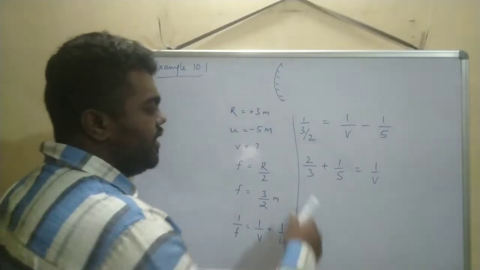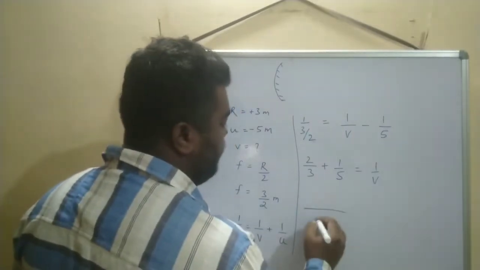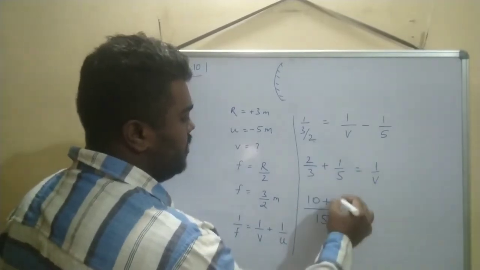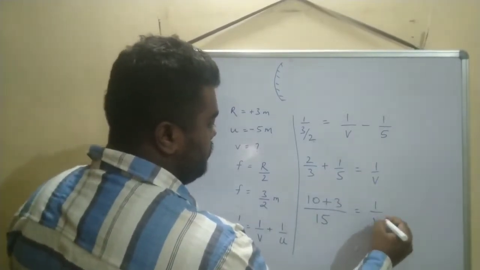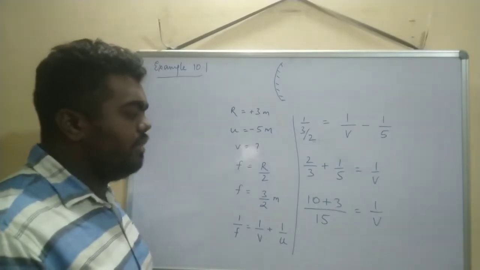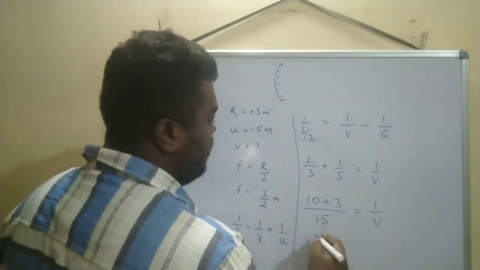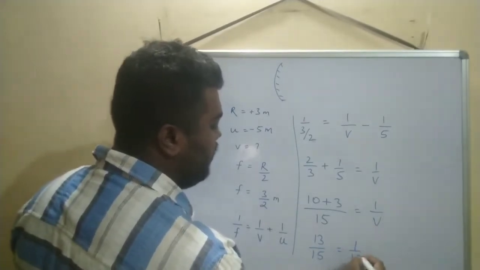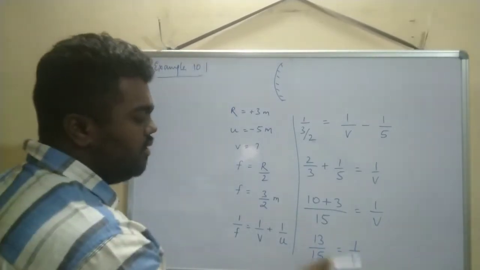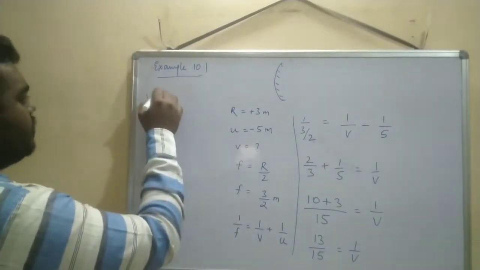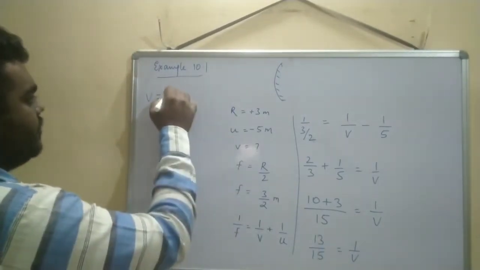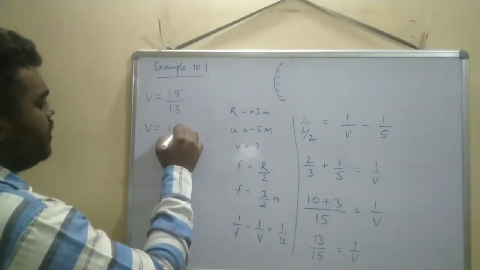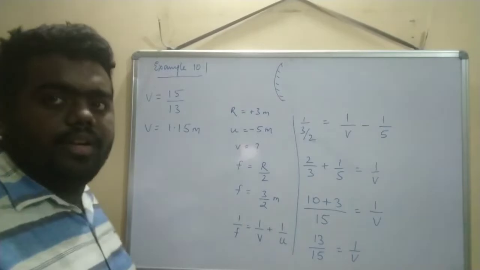Okay, now we will take LCM. 5 3s are 15, 5 2s are 10, plus 3 1s are 3 is equals to 1 by v. Simple method. Now 10 plus 3, 13 upon 15 is equals to 1 by v, but we need value of v, so v is equals to reciprocal, 15 upon 13. On division we will get 1.15 meter.